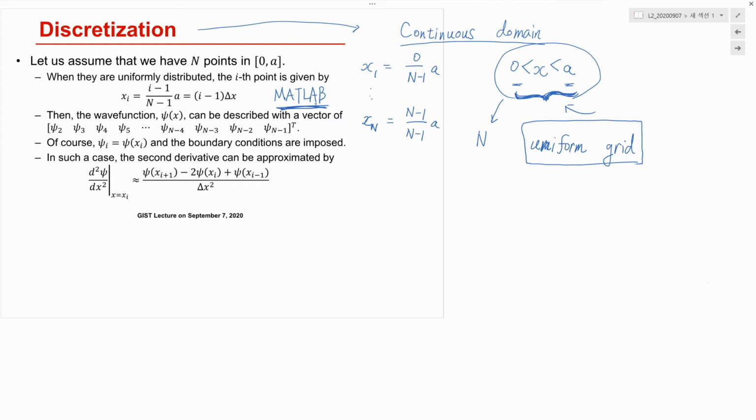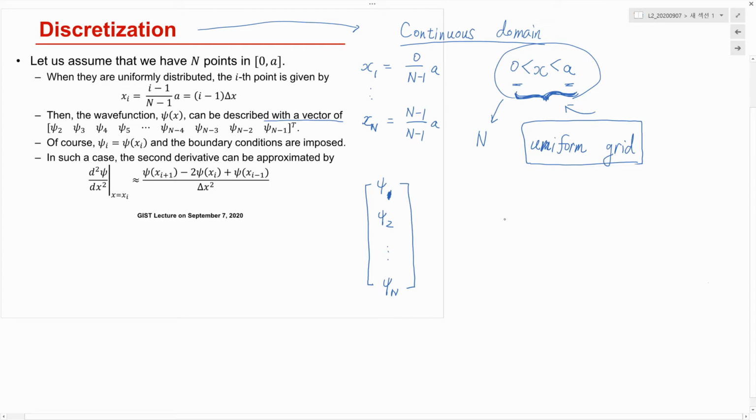Okay, then the wave vector. The wave vector can be described, in principle, as a vector of psi 1, psi 2, up to psi n. Now we can think about this vector.